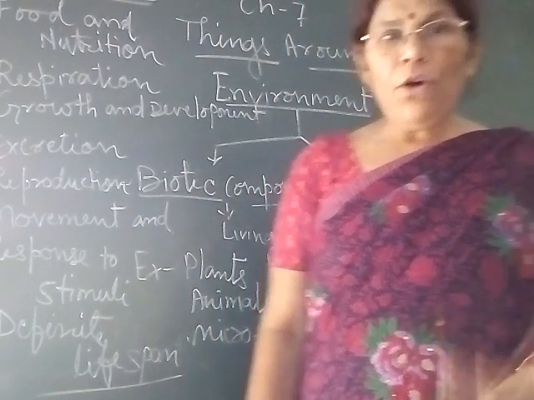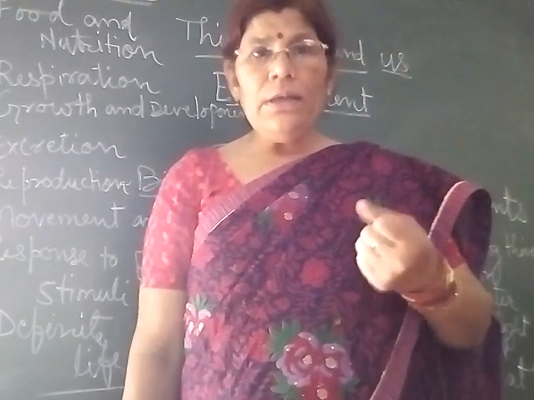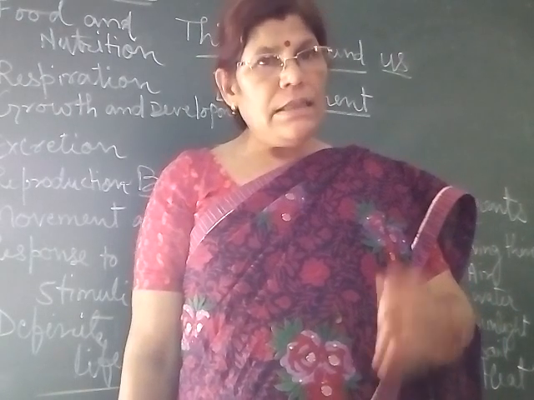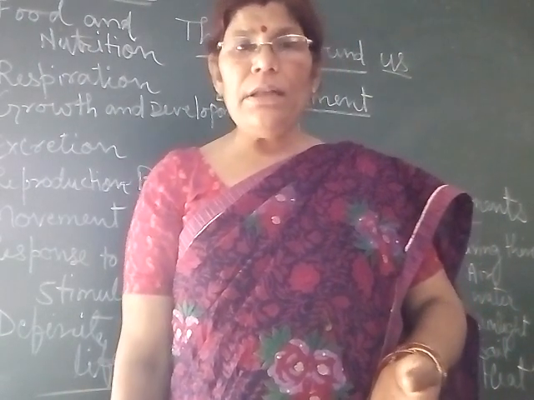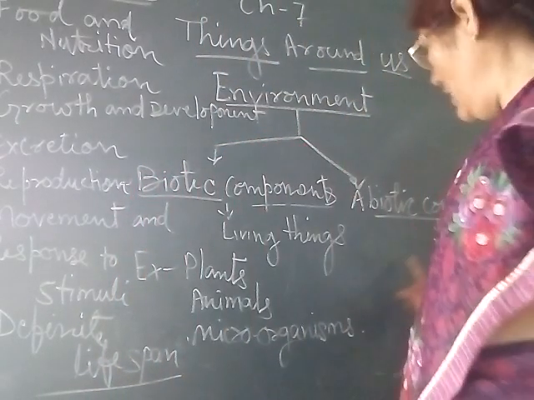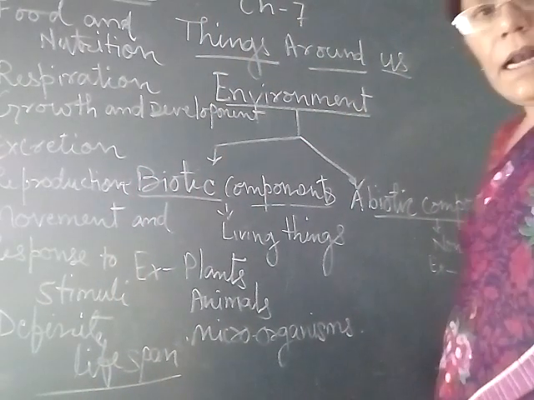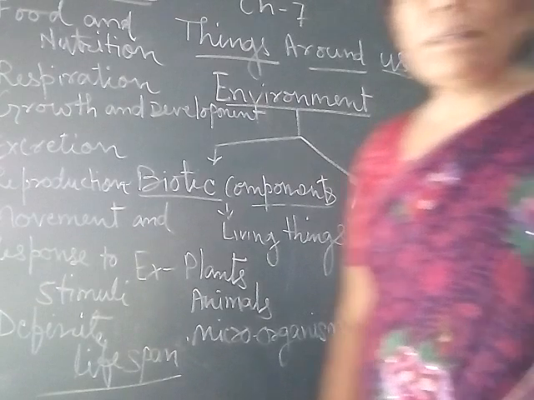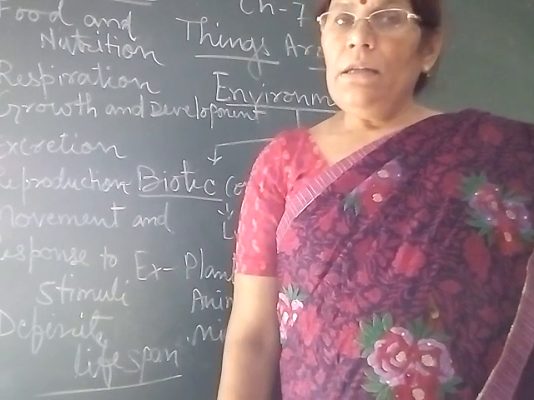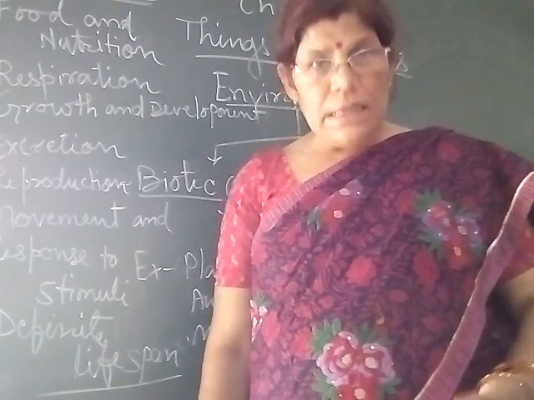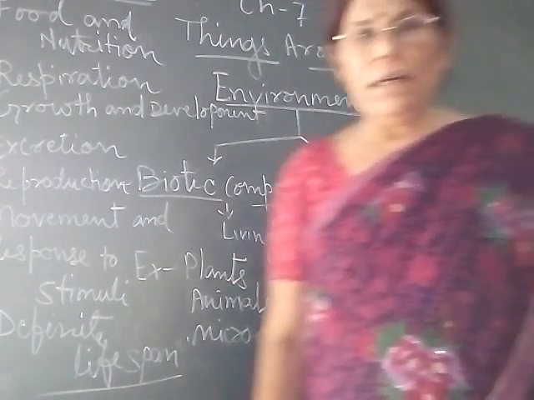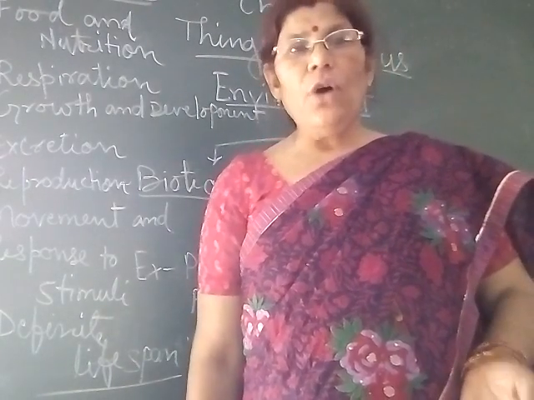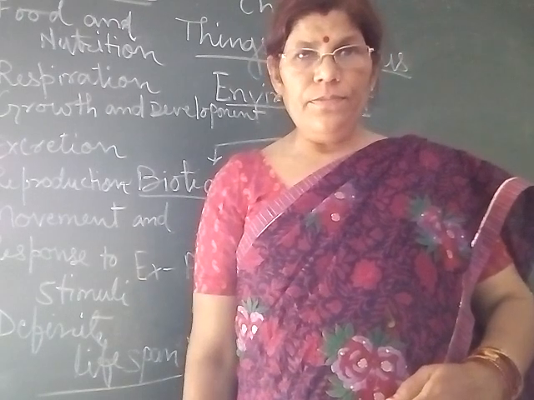So growing a plant is a living component, but it needs the non-living things: air, water, soil and sunlight. That's why we can say that these two components are interdependent on each other.